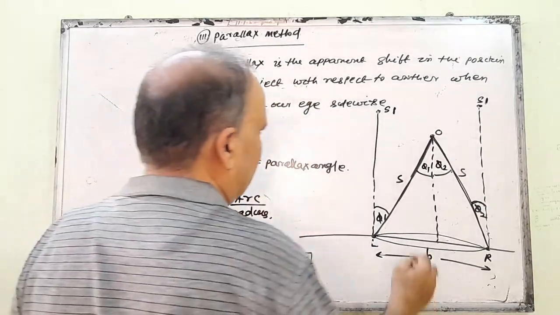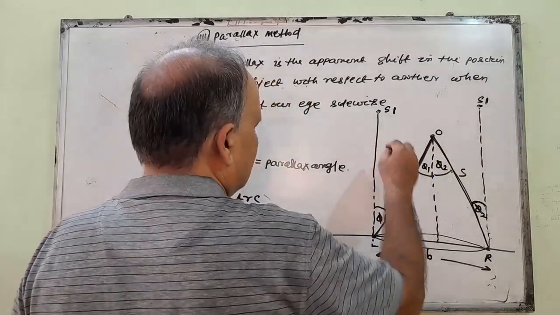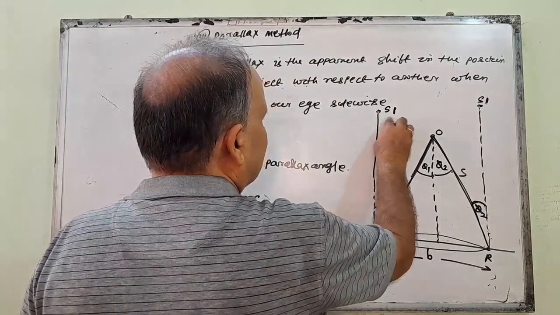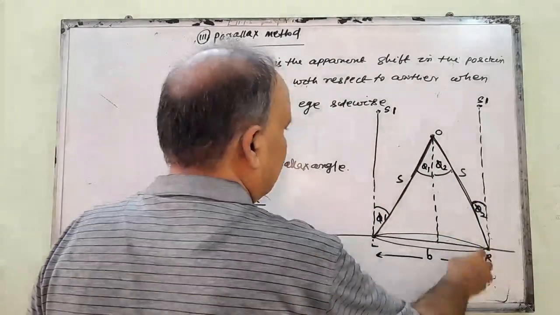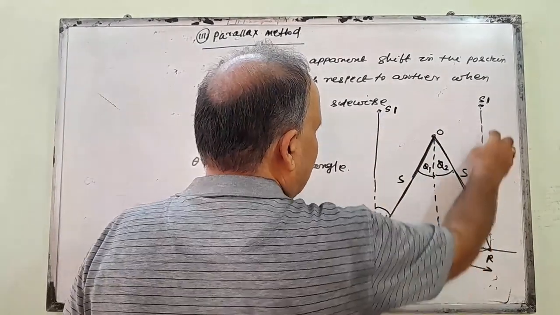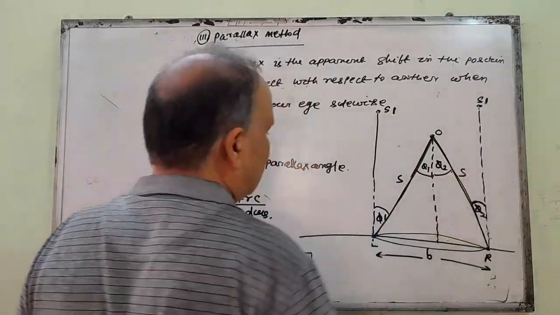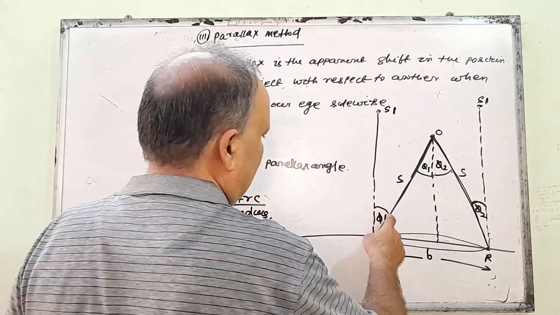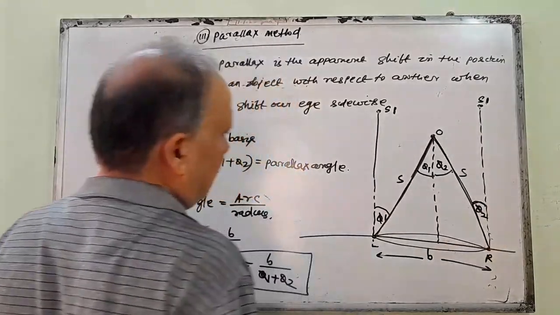In your left eye we see it at S1 at this point, and in your right eye it is at that point. The left eye makes an angle phi 1 and the right eye makes an angle phi 2.